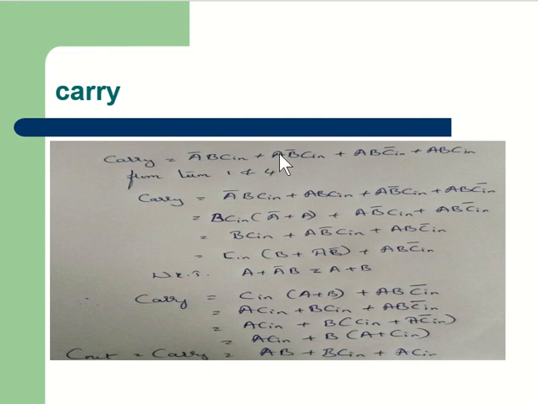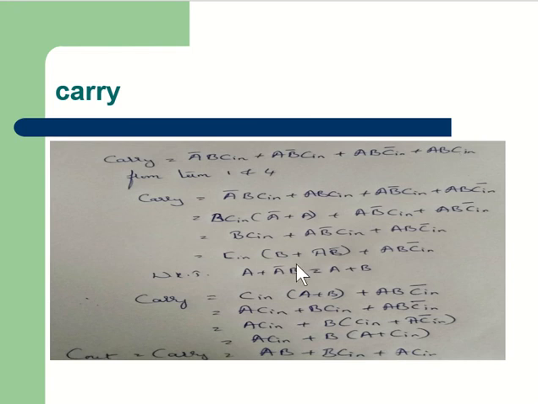One more combination is A is 1, B is 0, C in is 1, that is 1 0 1. Third case 1 1 0, that is A B C in bar. And the last case A is 1, B is 1, C is 1, that is 1 1 1. So these are the four terms in the carry column or C out column where output has become 1.